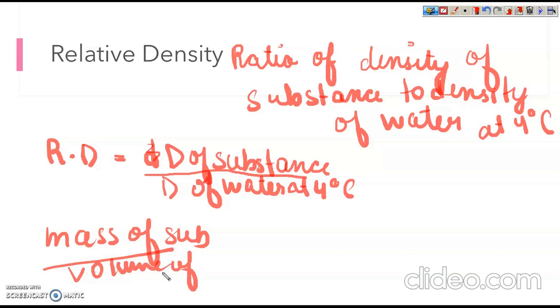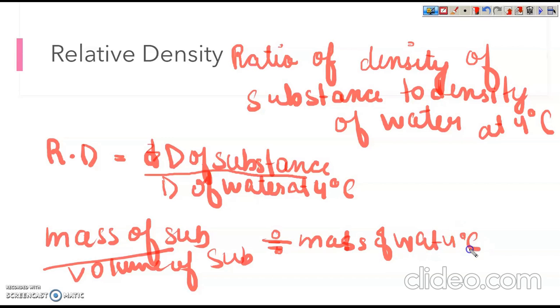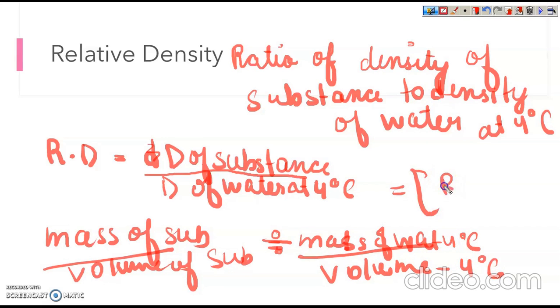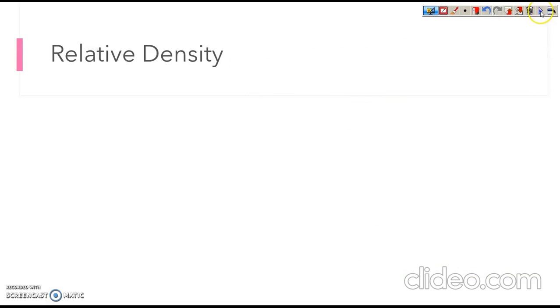Observe the density of substance will be mass of substance over volume of substance, divided by mass of water at 4 degrees Celsius over volume of water at 4 degrees Celsius, which will make the unit, if we do RD, M over V. This is how the unit is derived. I hope you understand this.